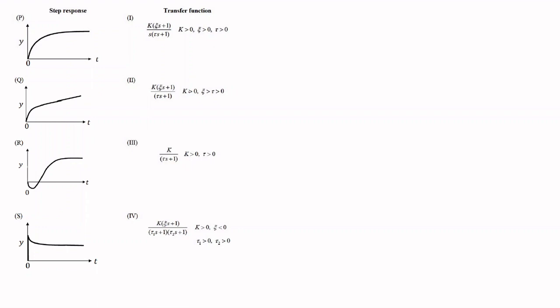Similarly, let us do it for the second transfer function. For the second transfer function, the response will be 1 upon s, k (zeta s plus 1) upon (tau s plus 1).